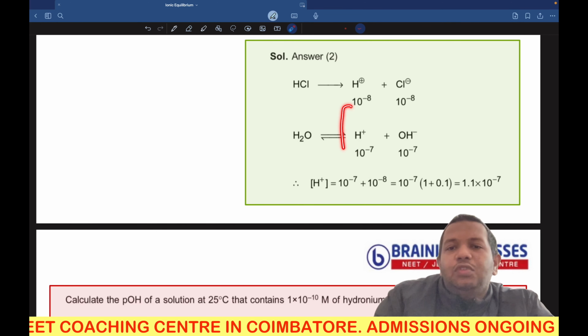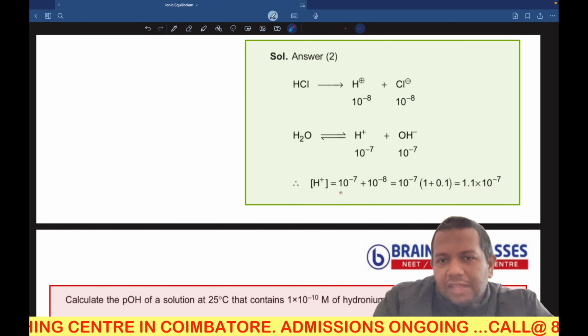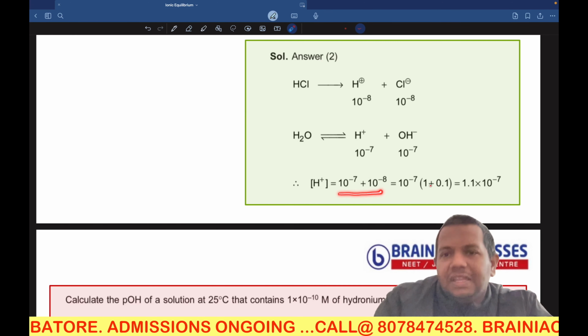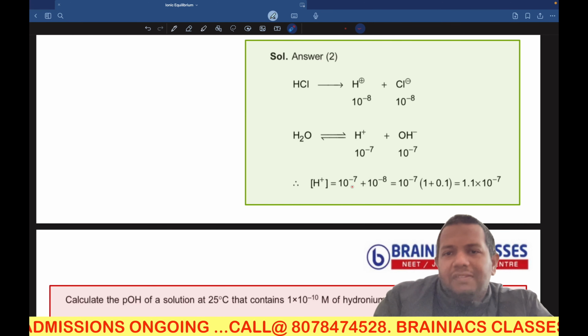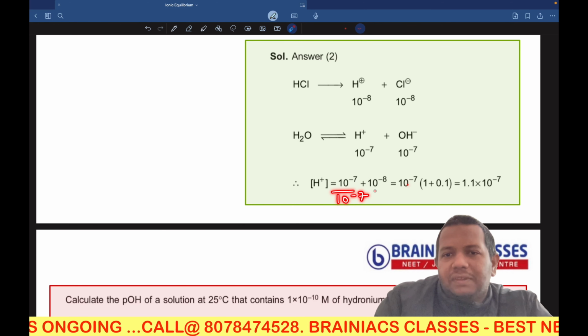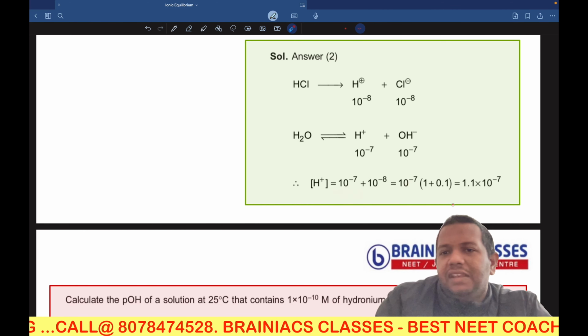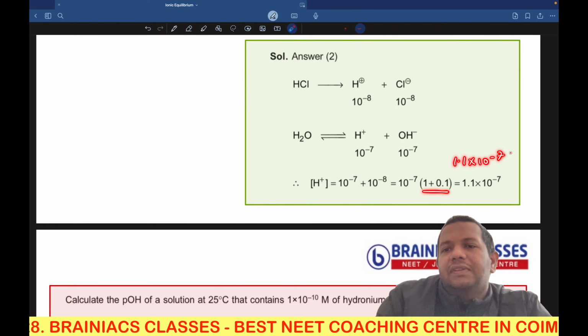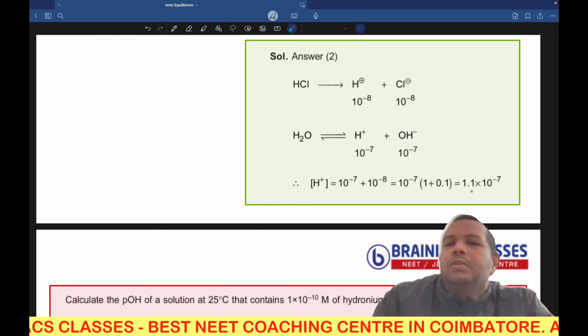You need to add these two to get the total concentration. Here they are adding 10 power minus 7 plus 10 power minus 8, taking 10 power minus 7 common. So 1 plus 0.1, that is 1.1 into 10 power minus 7. Here you are getting the H plus ion concentration.